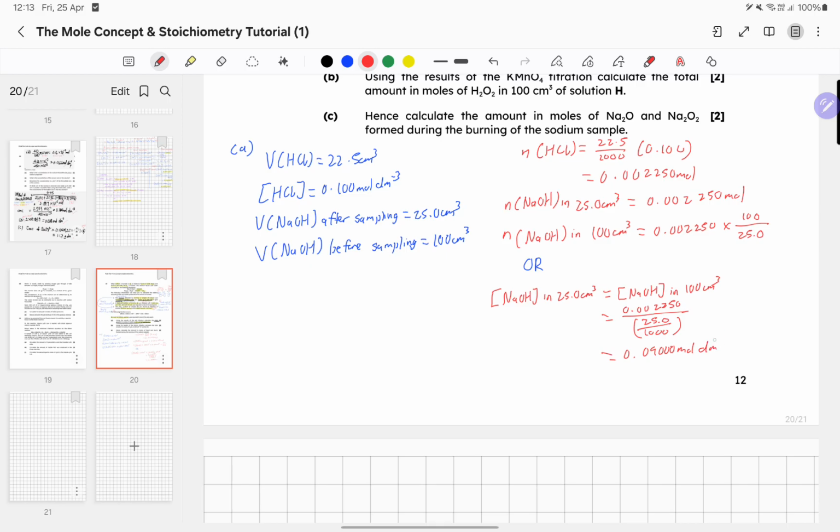And then next, you want to find out the number of moles in 100 cm cube. You take this concentration, which is the constant, multiply by the volume, which is 100 over 1000.